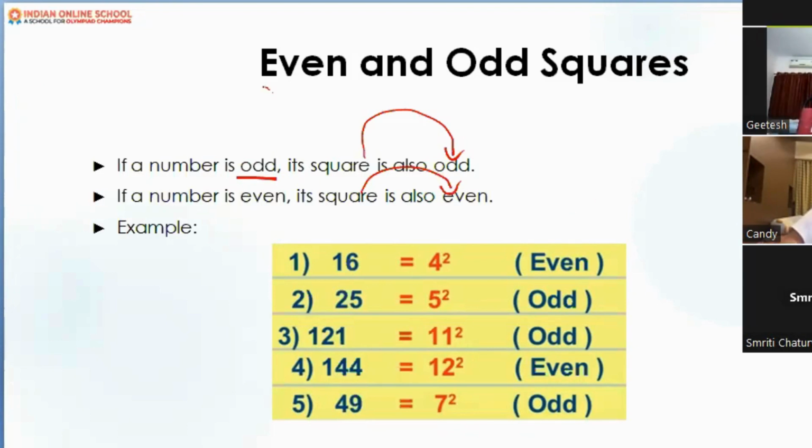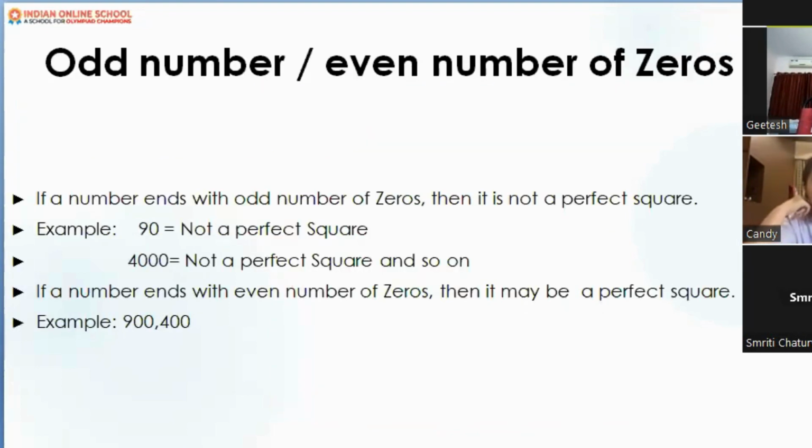That is the property that we need to keep in mind when we are solving the square and square root of any number. Now, the other thing is how many zeros should be there in the square of any perfect number. Say if I'm finding the square of 90, the square of 9 is 81.